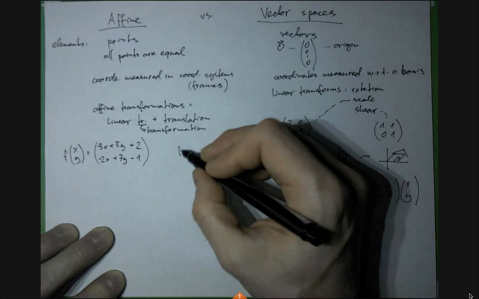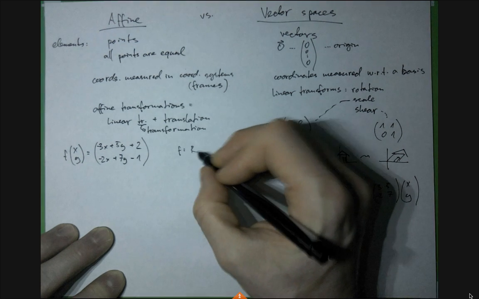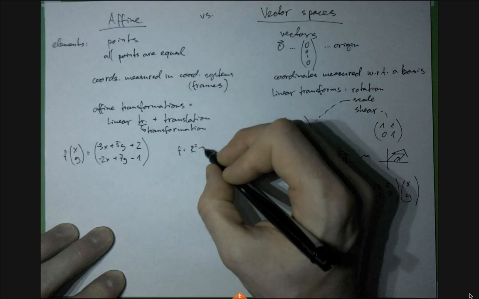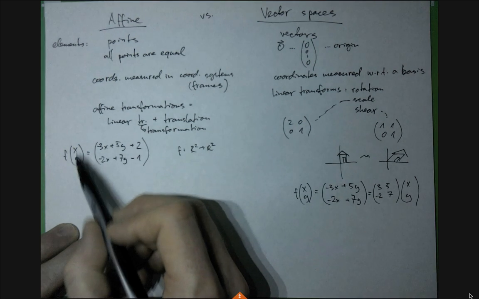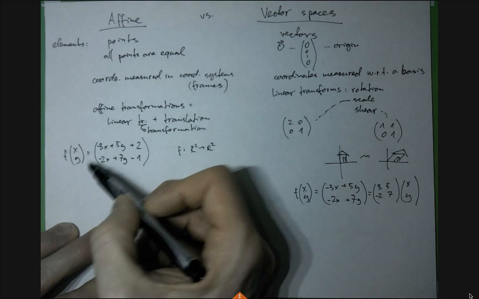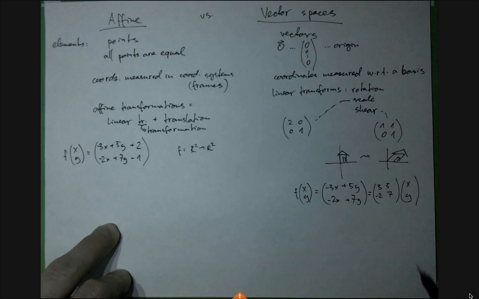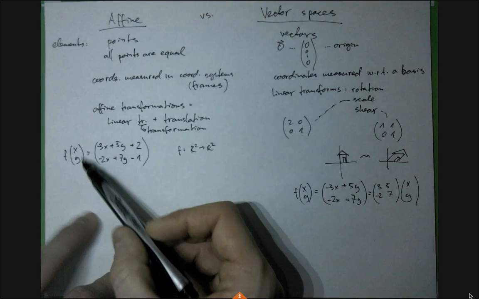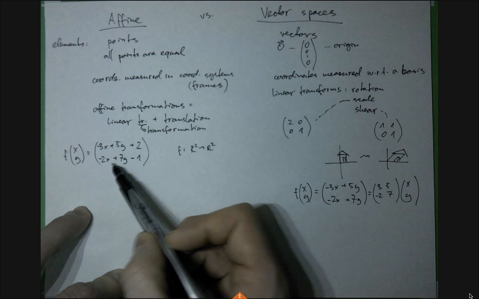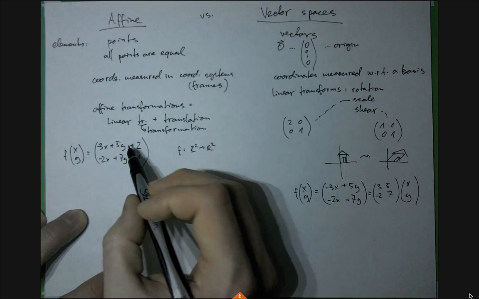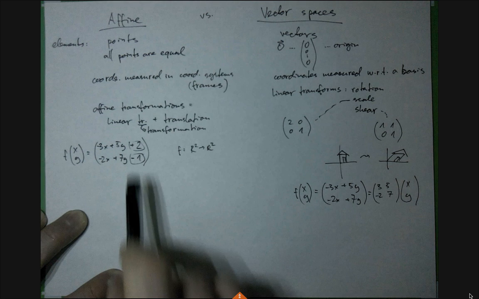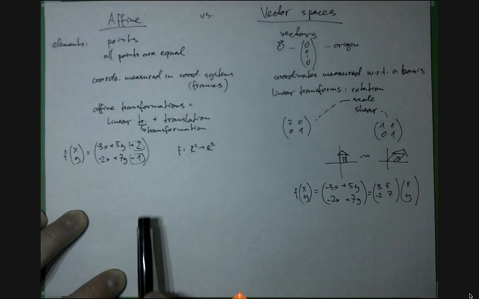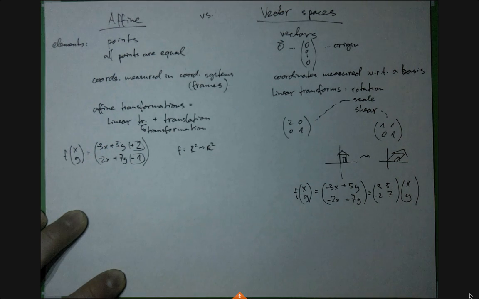So in both cases, f is a mapping from R2 to R2, from 2D affine space to 2D affine space. The point is that it always takes 2 parameters and returns two parameters. But here, the affine function has this extra part, the constant translation. And if it's 2D, it has 2 components, x and y, right?